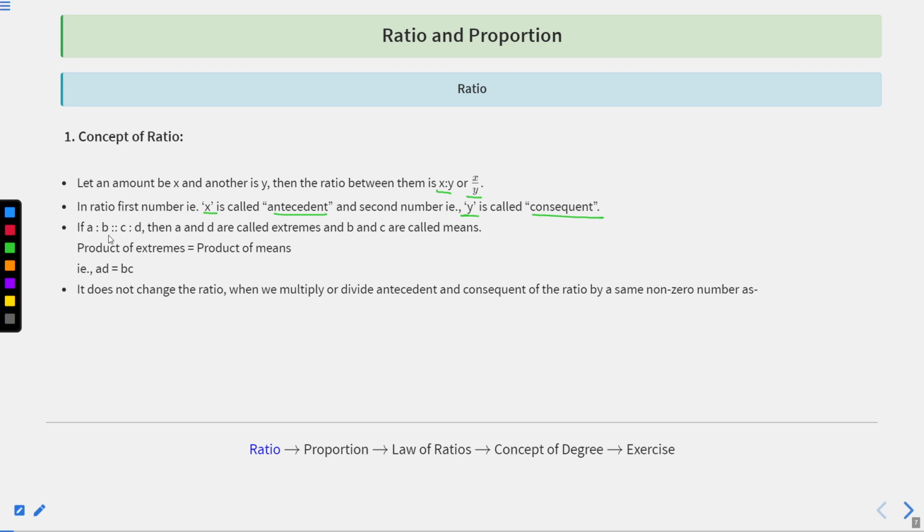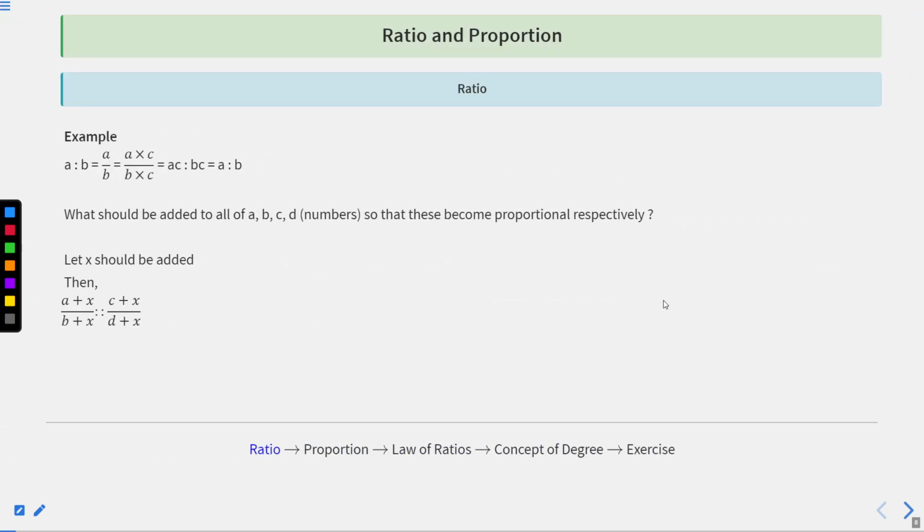If a is to b is equal to c is to d, then a and d are called extremes and b and c are called means. And product of extremes is equal to product of means. That means AD is equal to BC. It does not change the ratio when we multiply or divide antecedent or consequent of the ratio by same non-zero number.